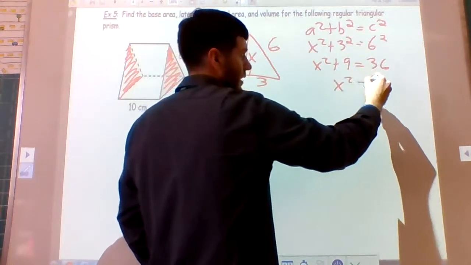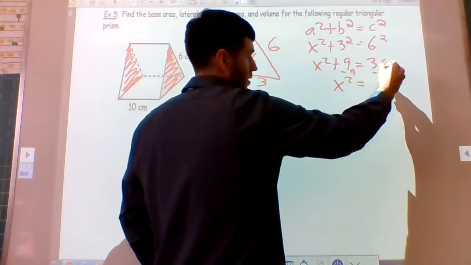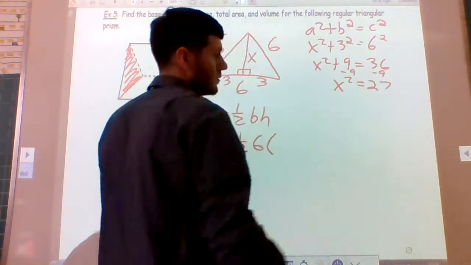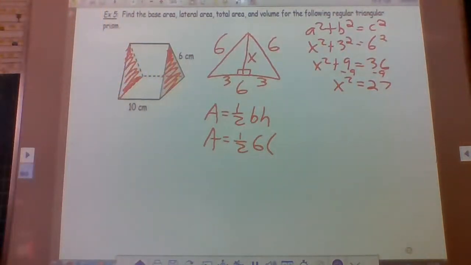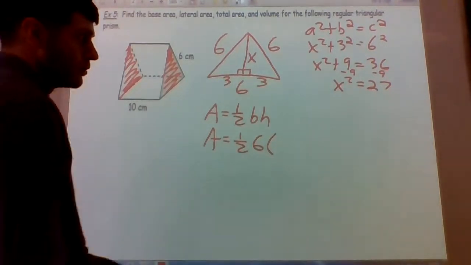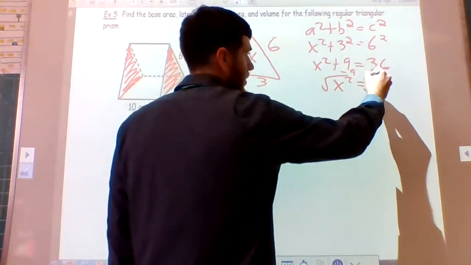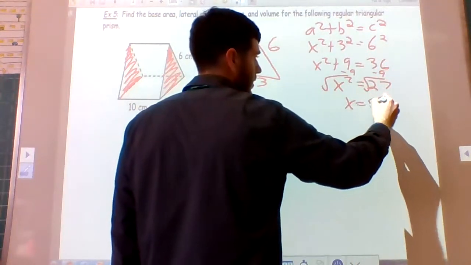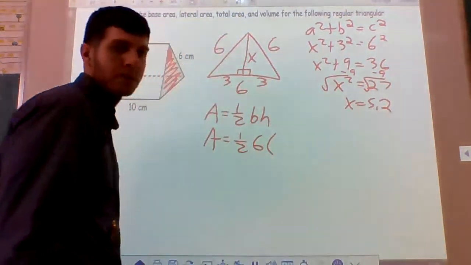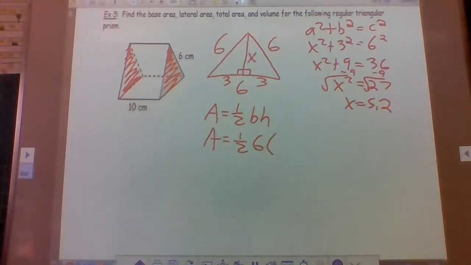Subtract 9 from both sides and we get x squared equals 27. So we take the square root. The square root of 27 is going to be 5.2, plus or minus 5.2, but we're going to use the positive 5.2.